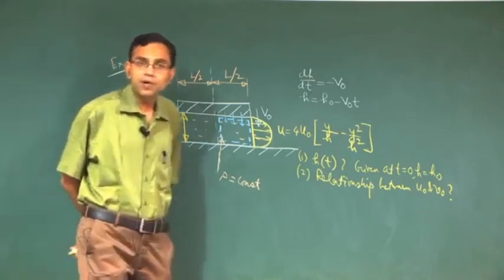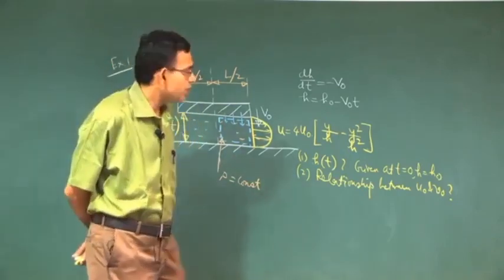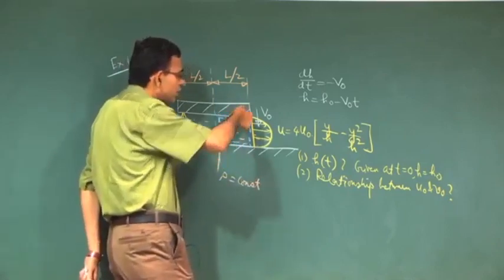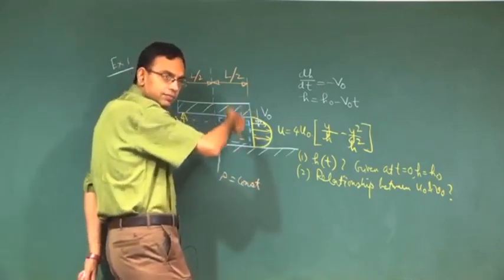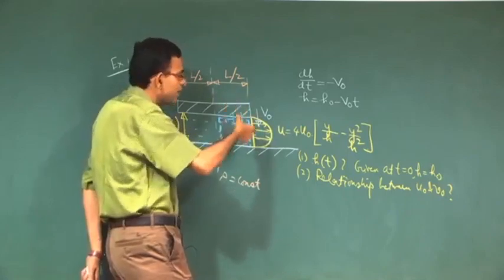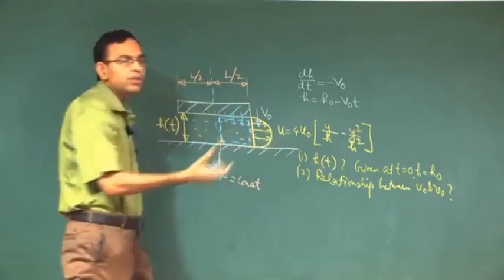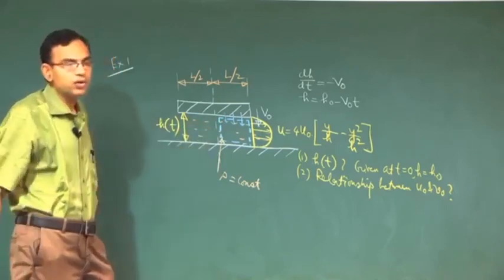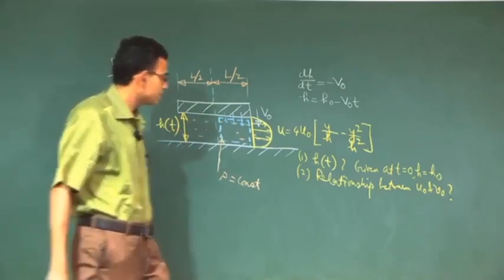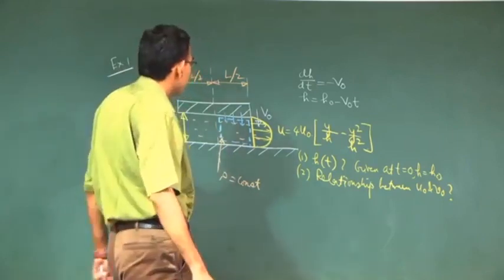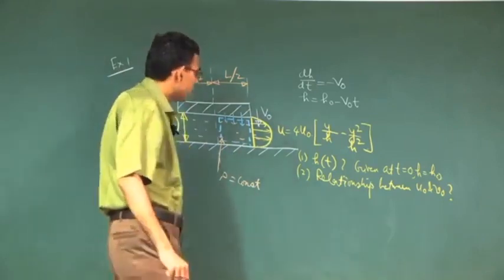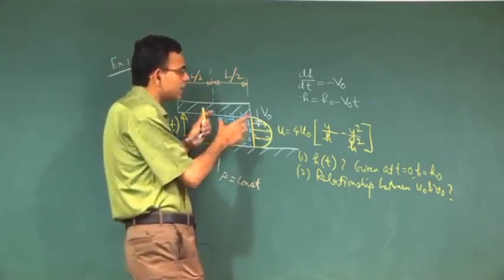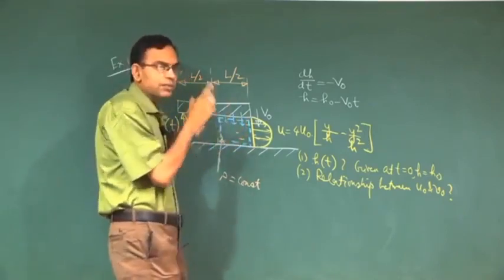There could be another possibility in which this control volume would move with the plate, then the volume of the control volume would change with time. In this case the volume of the control volume is not changing with time. So we will consider two possible scenarios.